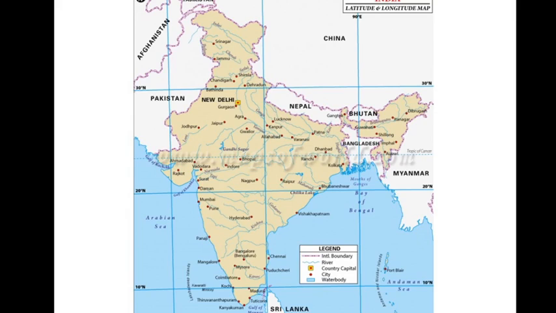Also, it is important to know that all the three different climatic zones of the world are present within our country. What are those three different climatic zones? Tropical and subtropical, temperate, and polar or alpine climatic zones, isn't it?